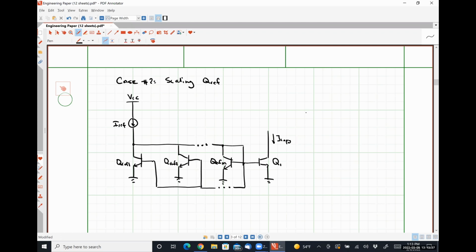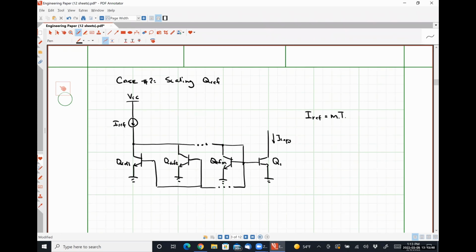So we have IREF is equal to M times IS EXP Vx over Vt. This is our voltage Vx.